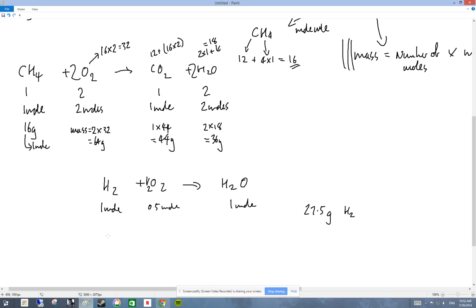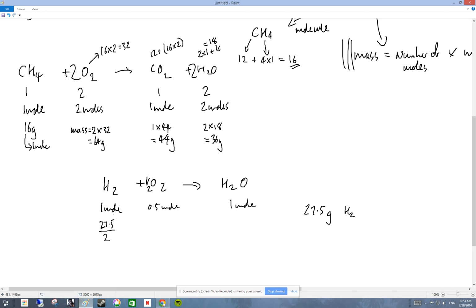So what you've got to do is work out how many moles of hydrogen you've actually got. And remember, the number of moles is equal to the mass you've got, which is 27.5, divided by the molar mass. Now this is H2, so there's 2 hydrogen atoms joined together, so the molar mass of H2 is 2. Okay.